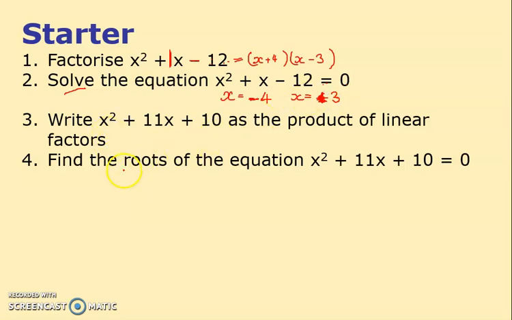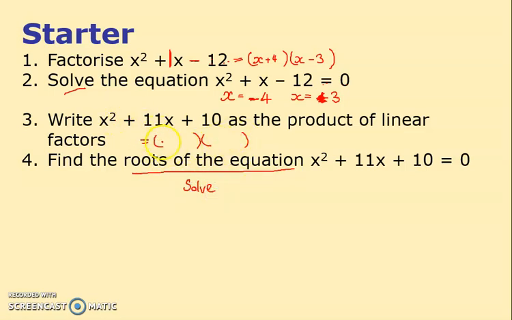Second one, if you've done these, you should just be looking at it thinking, God, that sounds hard. You know, write it as the product with linear factors. Well, it's the same thing. All I want is a double bracket. I've hopefully done that. And this next one, by the way, it says find the roots of the equation. Look, again, it sounds really hard. Really, they just mean solve the equation. They just word it differently.